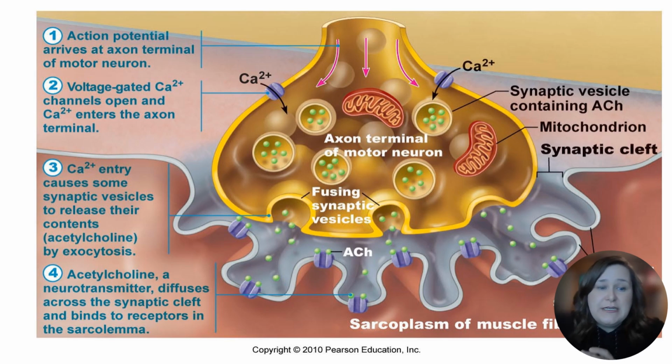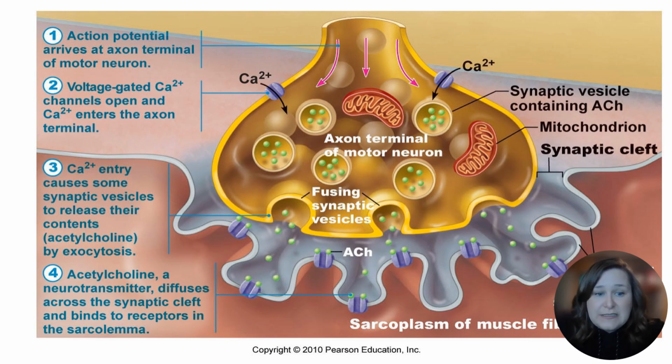The calcium entry is going to cause these little synaptic vesicles to release their contents. We talked about exocytosis when we talked about the cellular unit. This is what this is. We have these vesicles ready to do exocytosis. The calcium moves in, stimulates the vesicles to release their contents, and their contents are that acetylcholine, or that neurotransmitter.